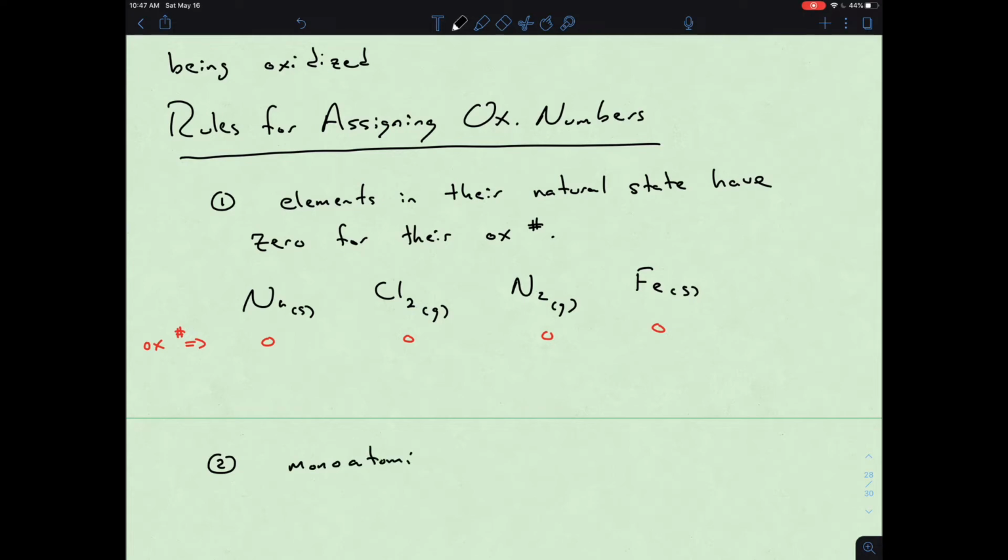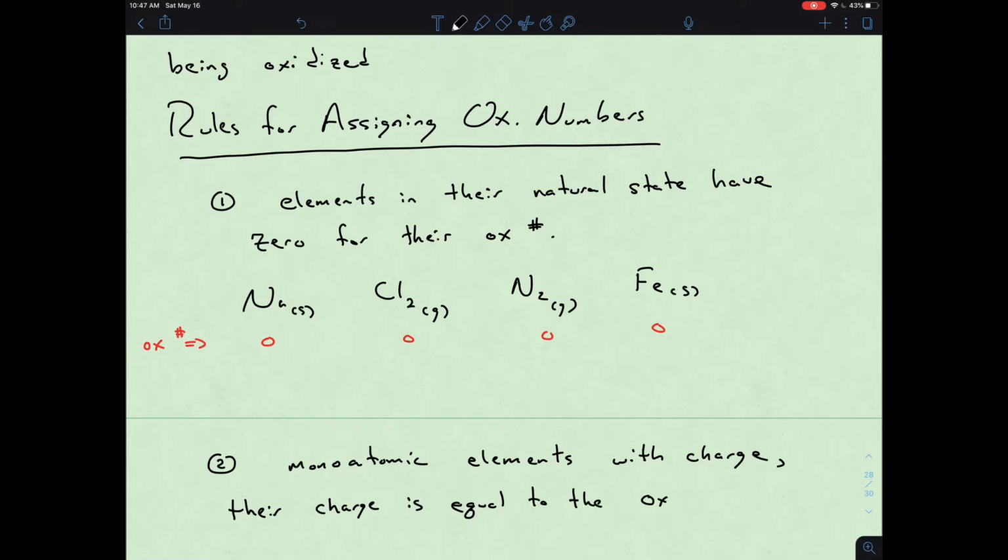Monoatomic elements with charge, their charge is equal to the oxidation number.